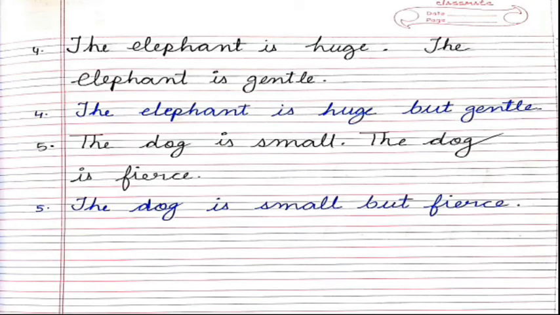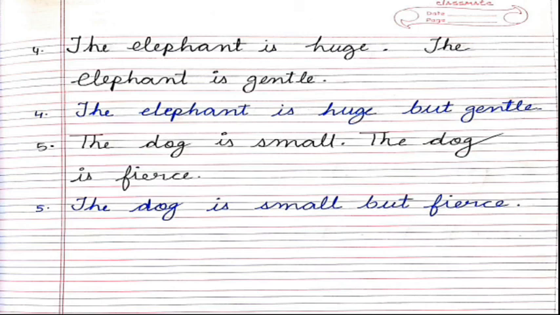Fourth, the elephant is huge. The elephant is gentle. Now here, two opposite qualities are being shown. So we are going to use the joining word but. The elephant is huge but gentle.